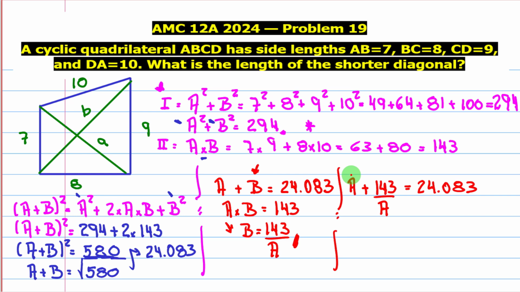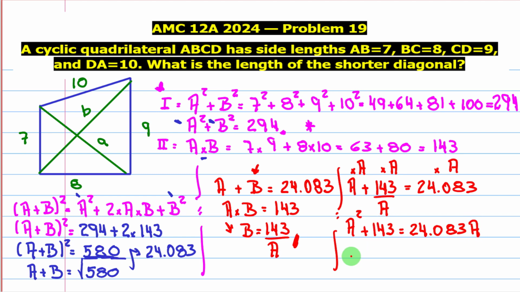So we can multiply everyone by A, and the equation is A squared plus 143 is equal to 24.083A.